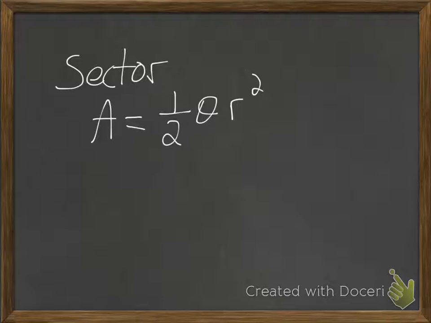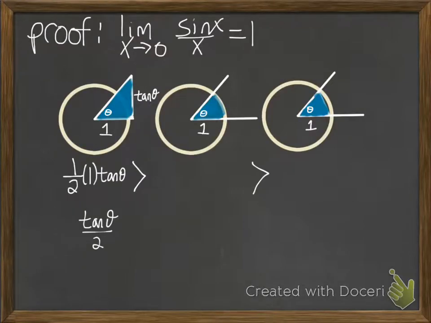You can refer back to your pre-calculus days to find that. So since we know that the radius of this circle is 1, sector area is dependent upon the central angle. So it would be 1/2 theta times 1 squared, or as I'd prefer to write it, theta over 2.